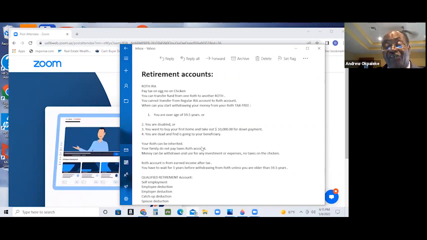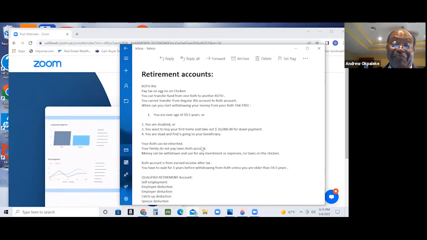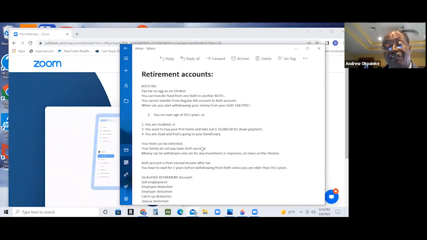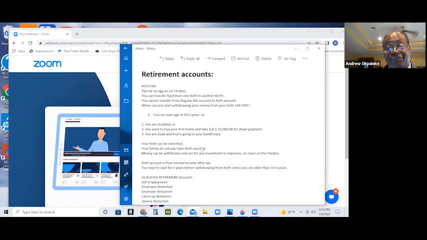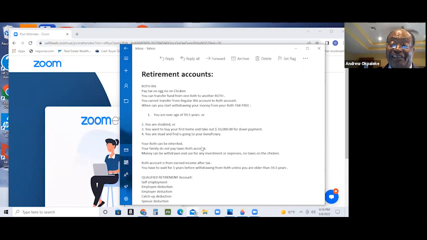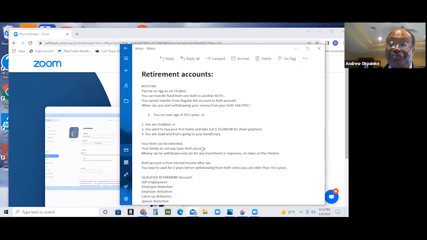The best thing about this qualified account is that you can deduct up to more than 119,000, over 100,000, each year on taxes from the qualified retirement account.